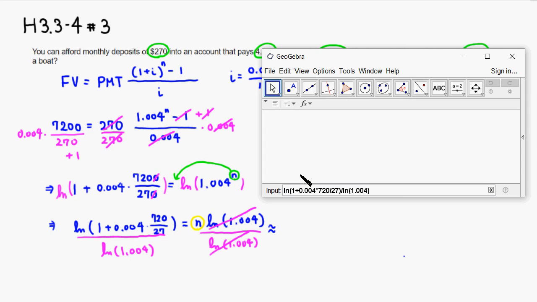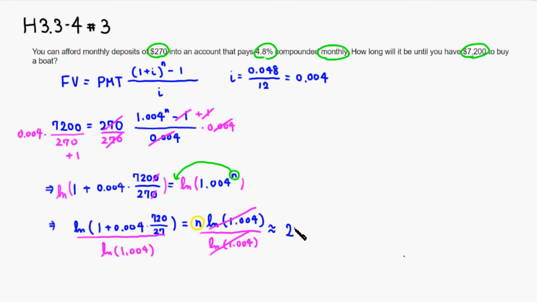Let's type that in. All right, so we got 25.39, so this is about 25.4.